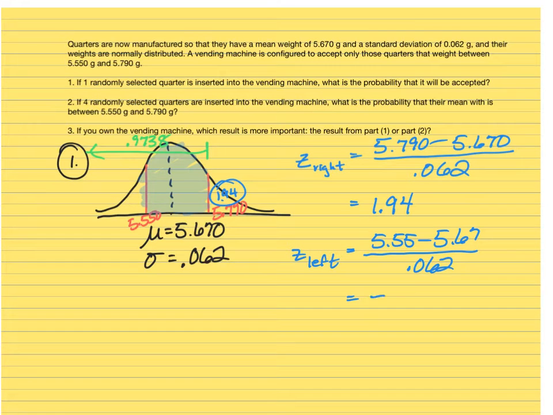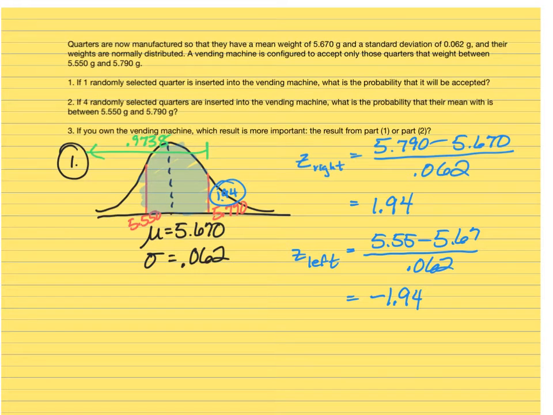And that z-score is negative 1.94. And so we look up negative 1.94 in our table and we get 0.0262.